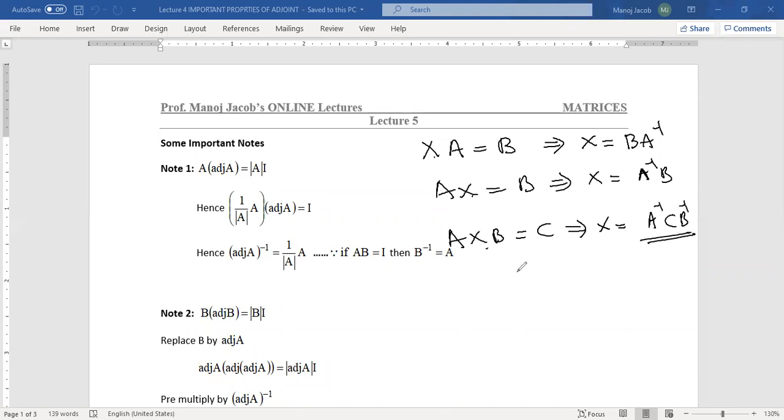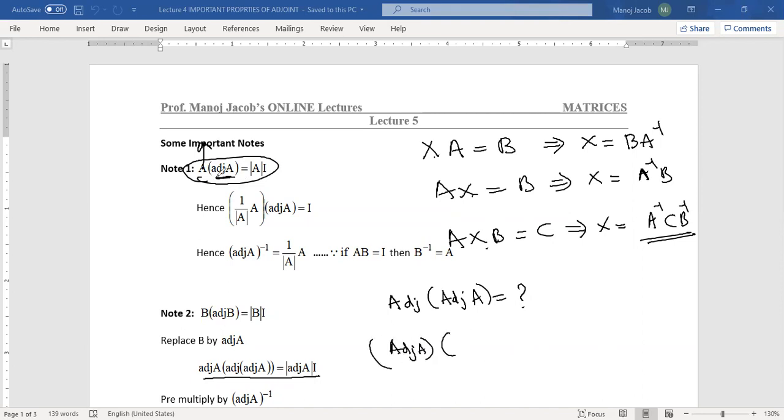Fine. Now look at this from here. So we wanted to find adjoint of A, correct? This is what we wanted to find. We started from here. In place of this A, we wrote adjoint of A. Then in place of this, I wrote adjoint.